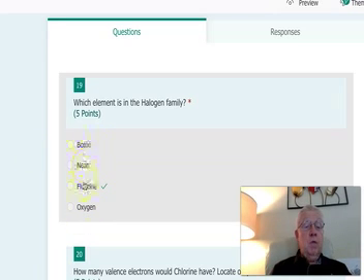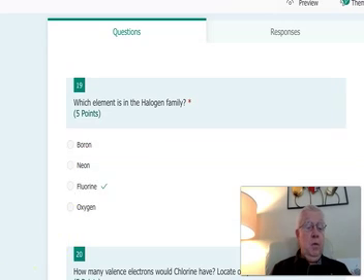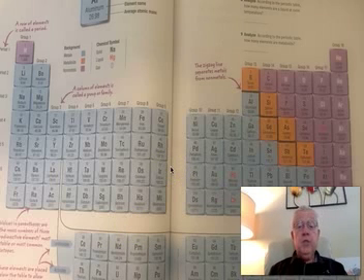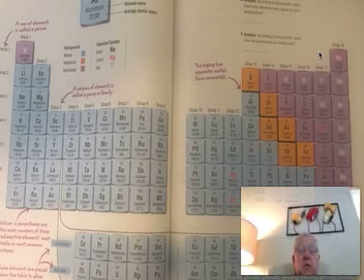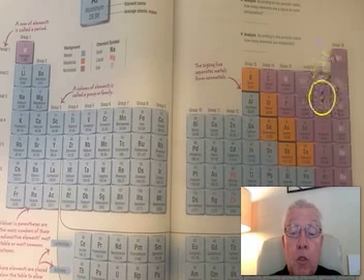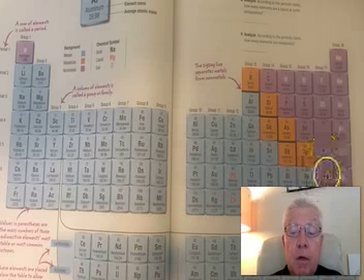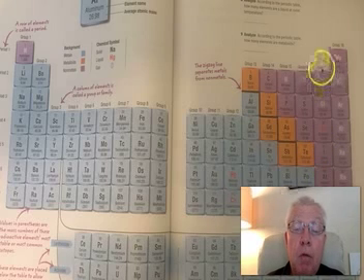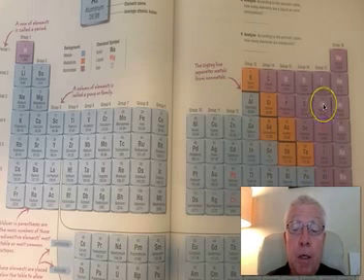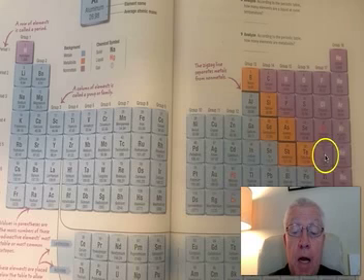If you're still with me with your periodic chart, you know that the halogens all sit right here. And I believe fluorine was one of our choices here. It's any of these elements in here that are part of the halogen family: fluorine, chlorine, bromine, iodine, and astatine.